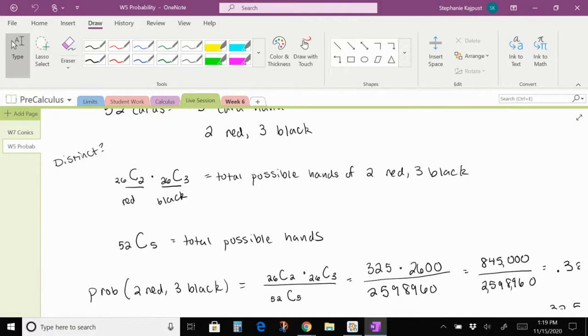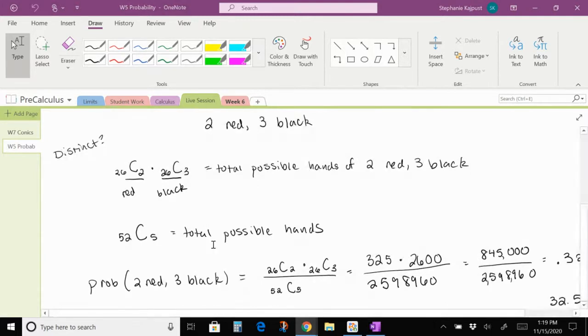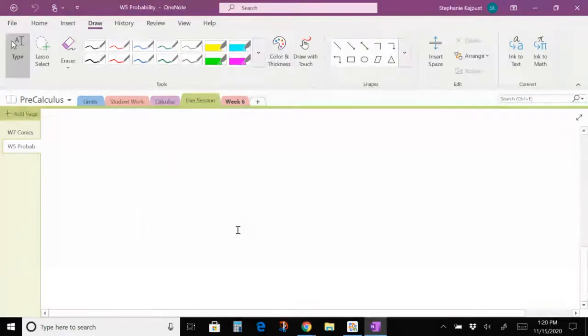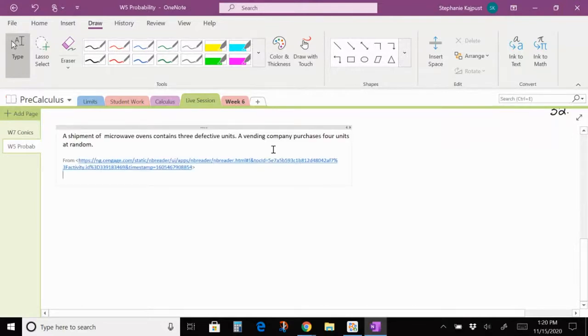Let's see, I'm trying to find. Here's a good one that's sort of similar. I'm just going to paste this. So in 9.7, this is problem number 47.